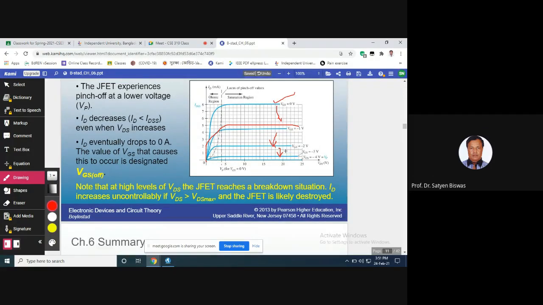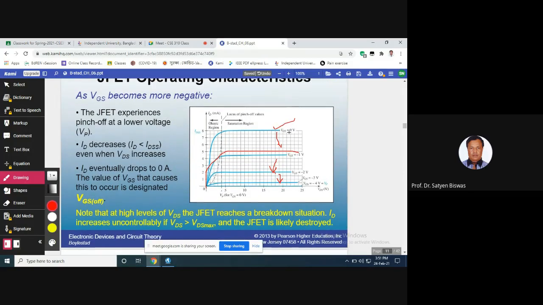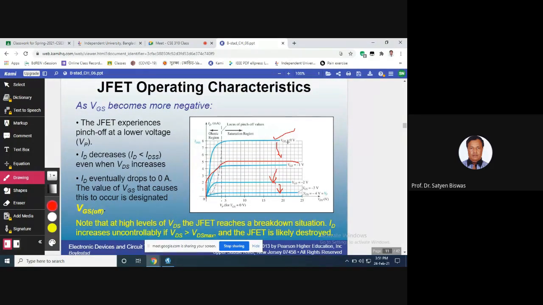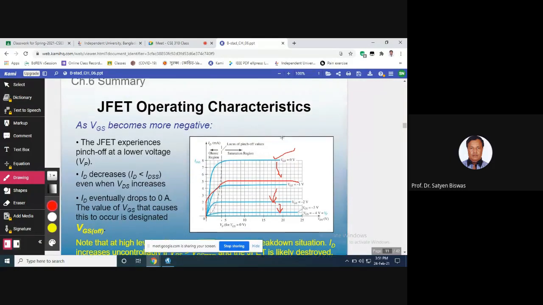Now, what will happen if we apply a positive VGS? Let's say VGS equal to -3, -2, -1, 0. If we consider VGS equal to, let's say, +3 volt, so what will happen?